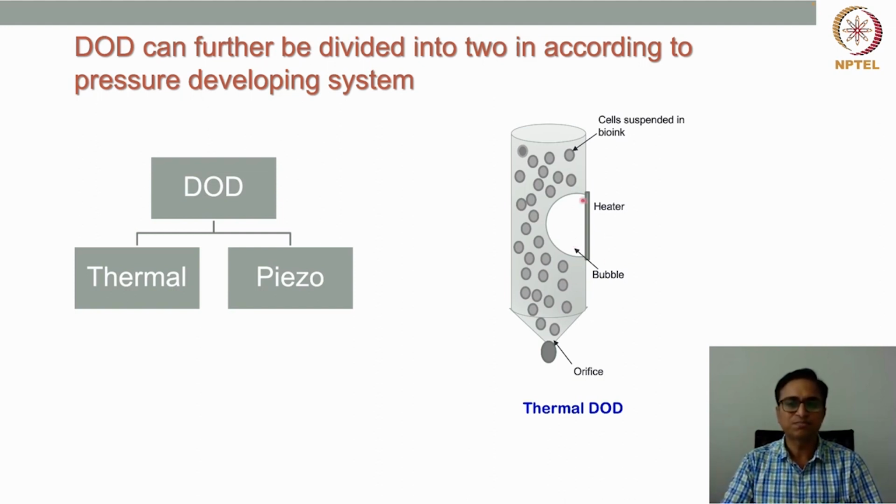Due to this bubble production, a pressure pulse is created within the liquid column, and due to this pressure pulse, the droplet will be produced. When the bubble is growing, the increasing volume creates pressure on this liquid chamber, and then a droplet will be produced. Now, depending on the frequency of this bubble production, the droplets will be produced one after another.